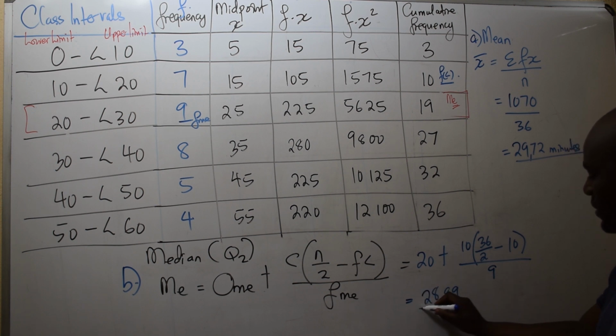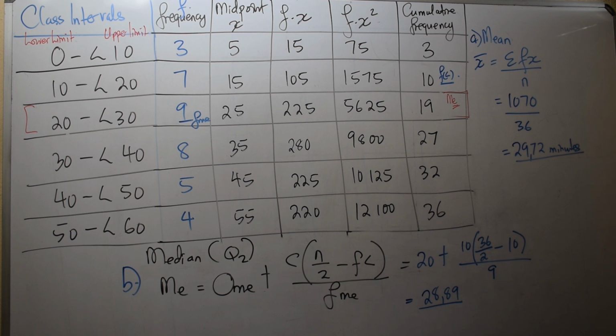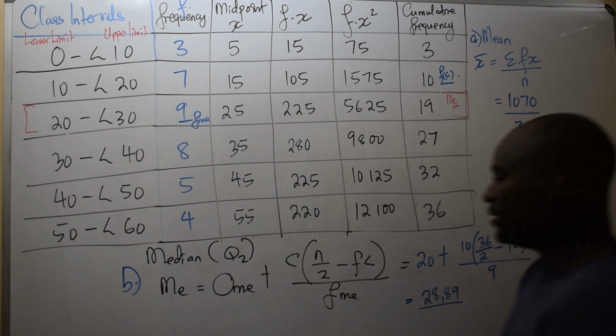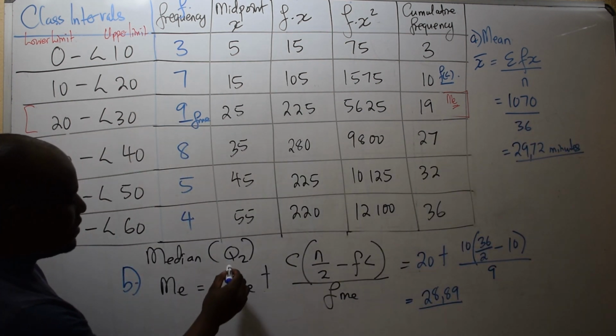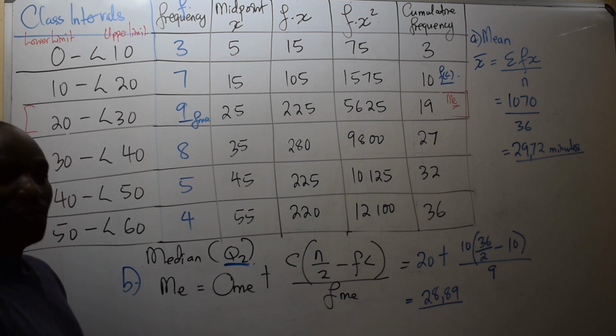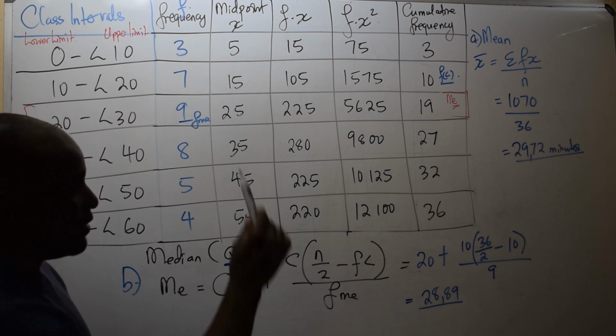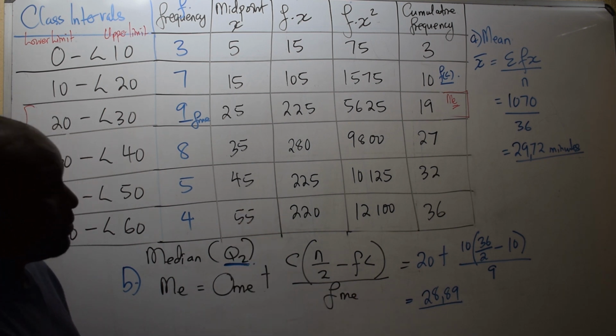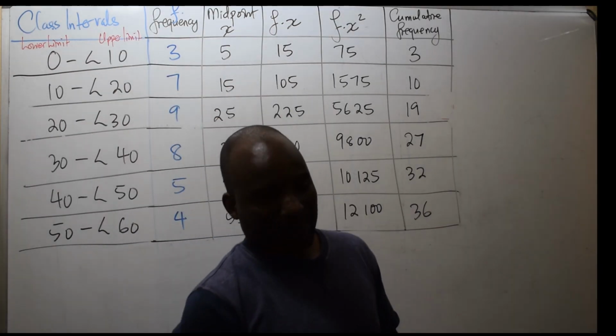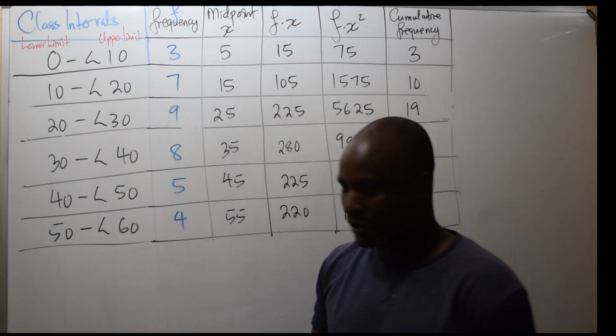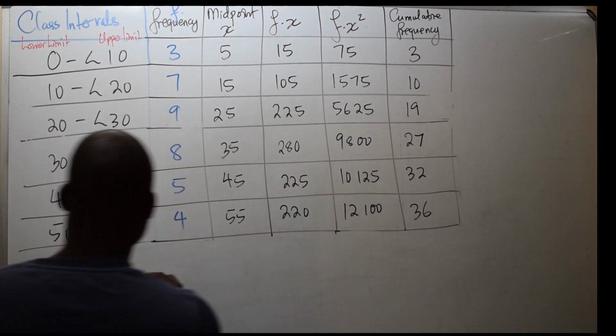To the nearest, we'll say 28.89 minutes. So that's the B part. We've done the mean and the median. Know that the median is also equal to your Q2. I'm just going to wrap this up and we'll do the other part. The next part of the question says calculate the mode. So I'm just going to write mode here.